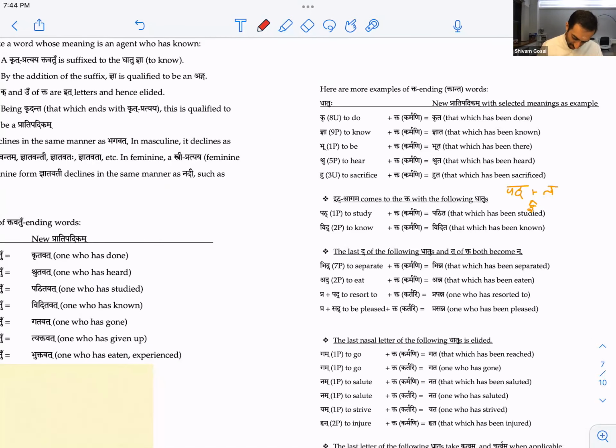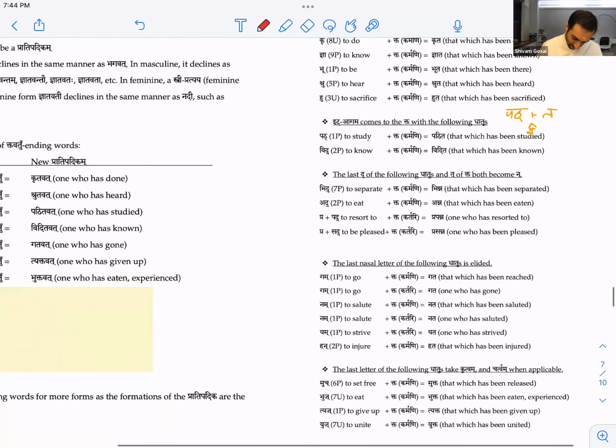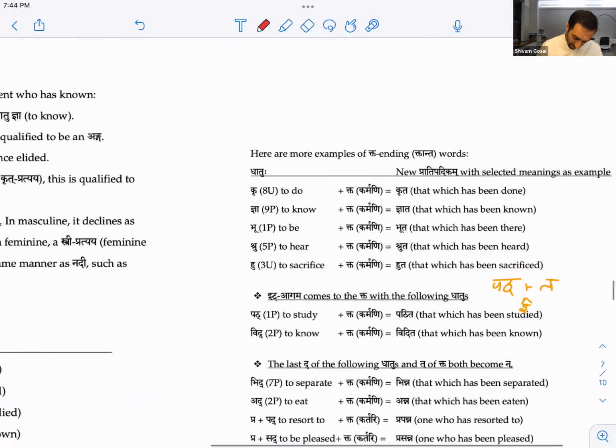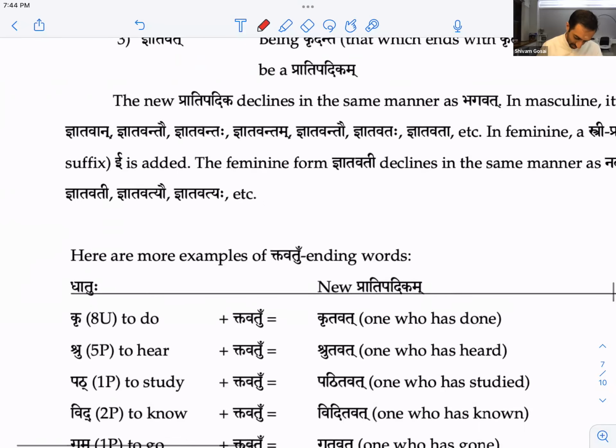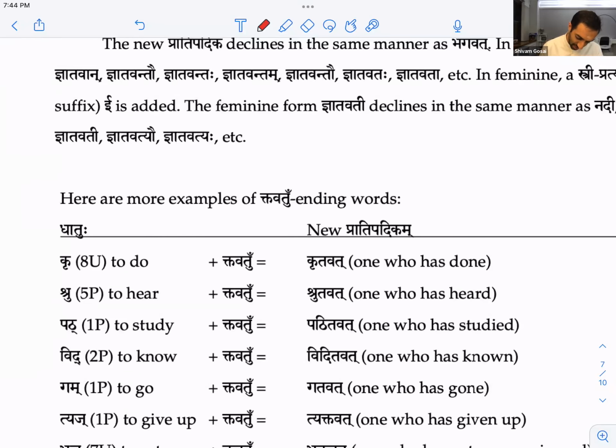So we don't have it here, but yeah, we can just make it then. Okay, so vad plus tavat.